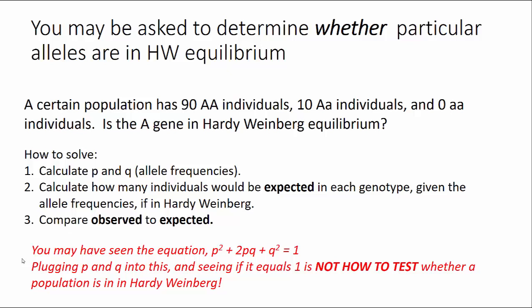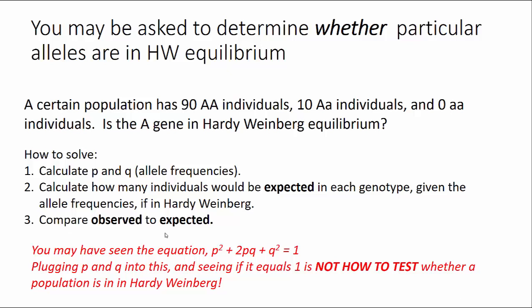So here's a population in which there are 2 alleles of the A gene, and there actually aren't any homozygous recessive individuals. And so people might wonder whether the little a genotype is somehow deleterious and maybe it's being selected against. Investigating whether those alleles are in Hardy-Weinberg is able to help answer this question.